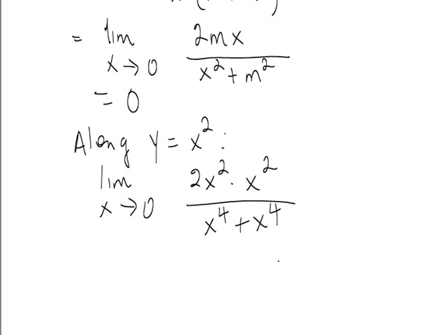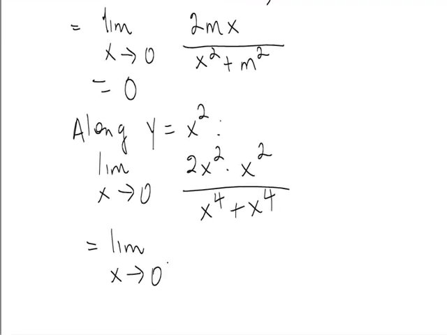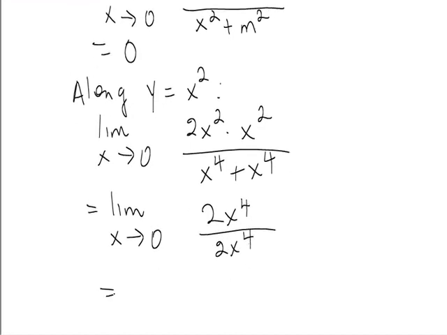What do we have here? 2x to the fourth over 2x to the fourth, which is equal to, yay, we're done.